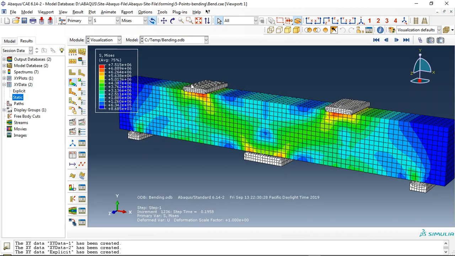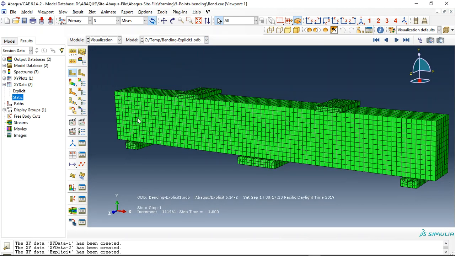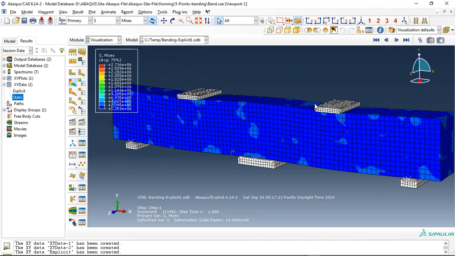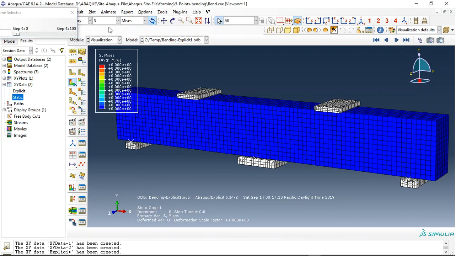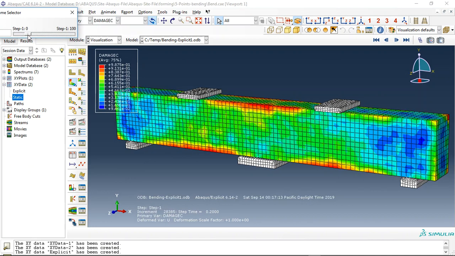This is the static simulation, but in the other simulation we used the explicit simulation. You can see that this is the maximum load which happened over the beam, and if I take, for instance, the compressive damage, you can see here at time 0.2 nearby the explicit time, it is completely damaged, compressive.